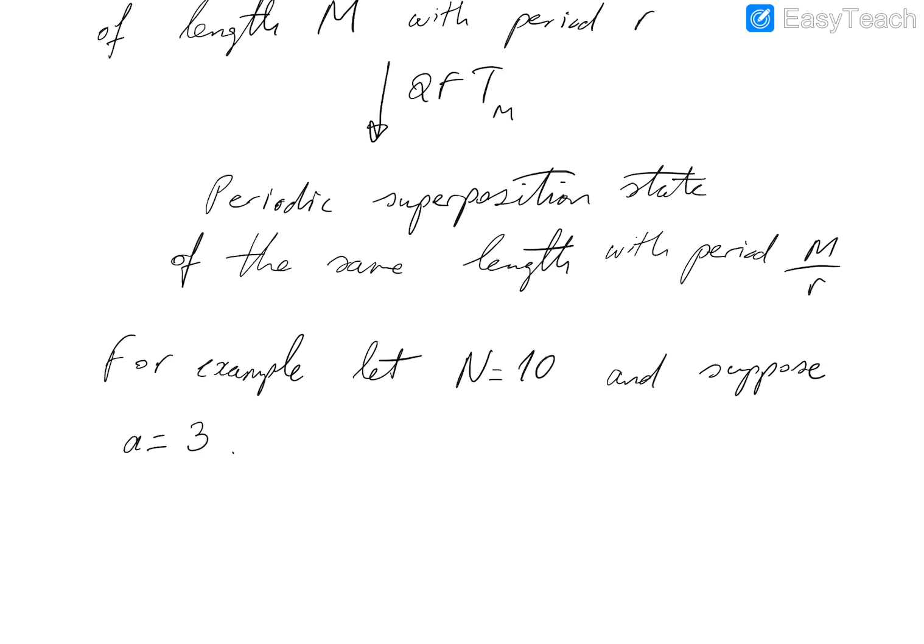Now consider the periodic function, the modular arithmetic function f of x equals a to the x mod n. When n is equal to 10 and a is equal to 3, in this case the period r is equal to 4.